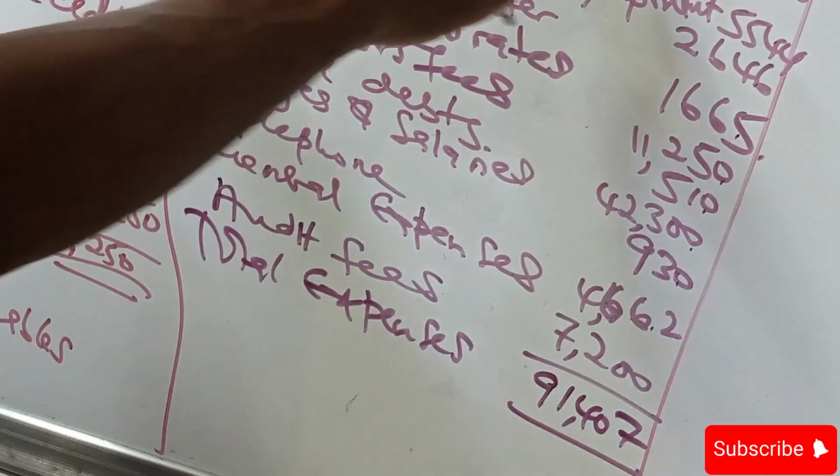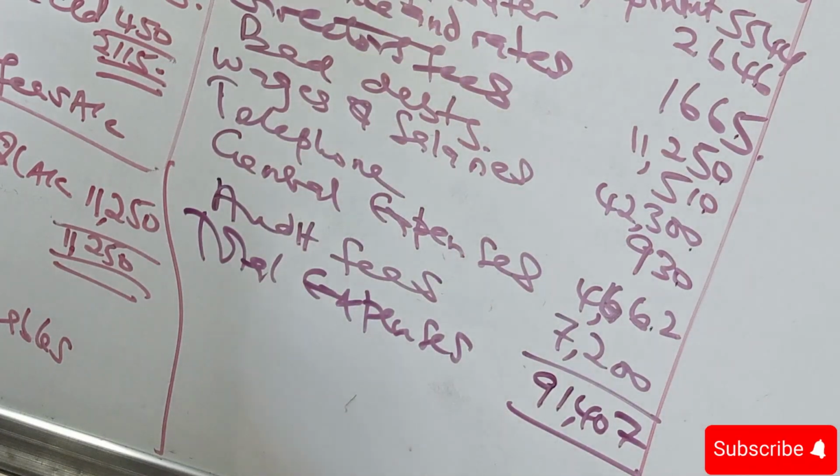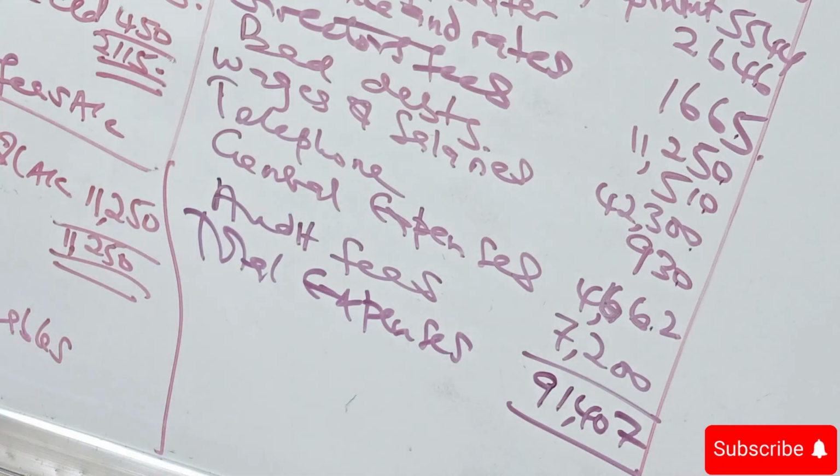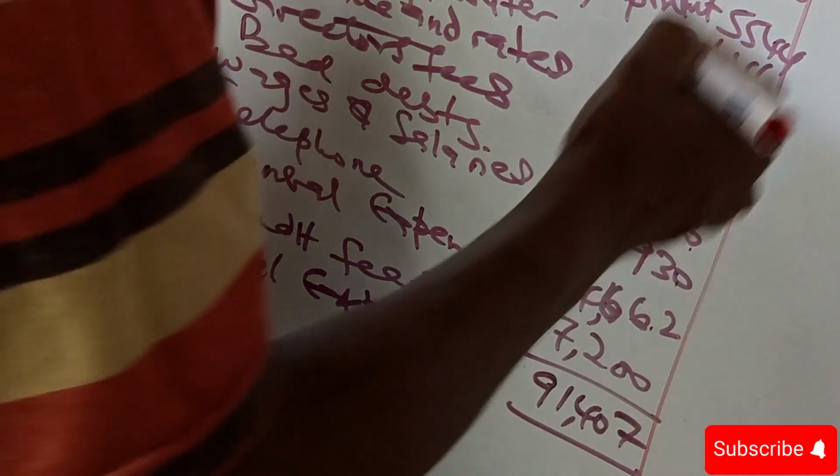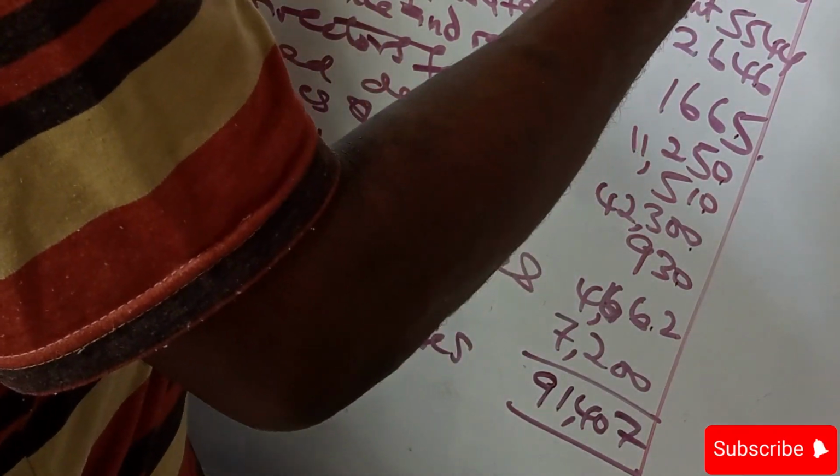We subtract from the gross profit of 122,262. We get a figure of 38,55, and we call it profit before tax.